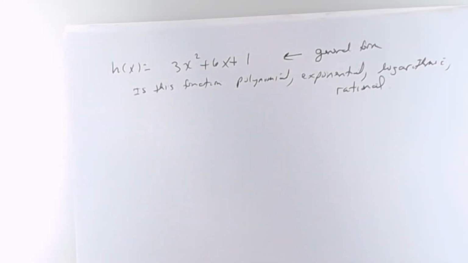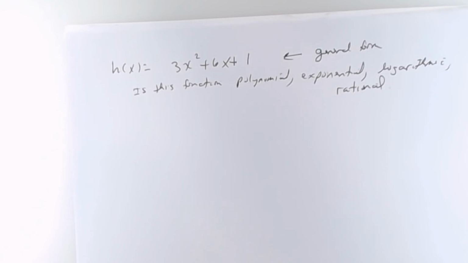Well, first of all, you know it's not exponential, because if it's exponential, where should the variable be located? In the exponent. All right. You know it's not logarithmic because there's no logs in that equation. You don't see the word log.